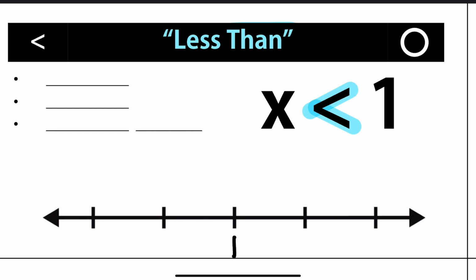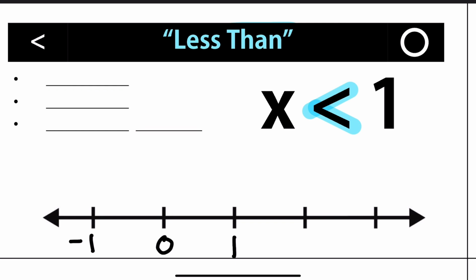For every single number line you'll see, the left side will be the small side. So I'm going to start filling that in with numbers that are smaller than 1. The next smallest after 1 is going to be 0, and then after that is -1, showing that the left direction is smaller.